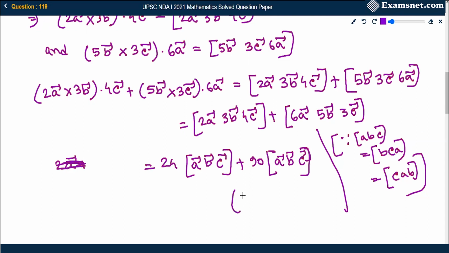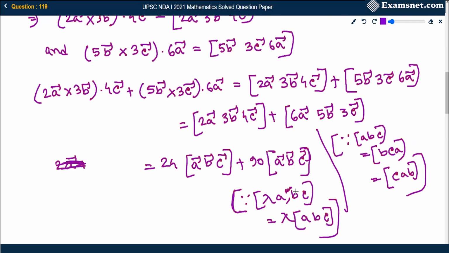Why? Because since [lambda A B C] equals lambda of [A B C]. The same things we have used here, right?